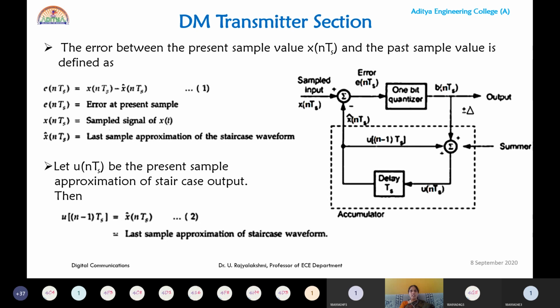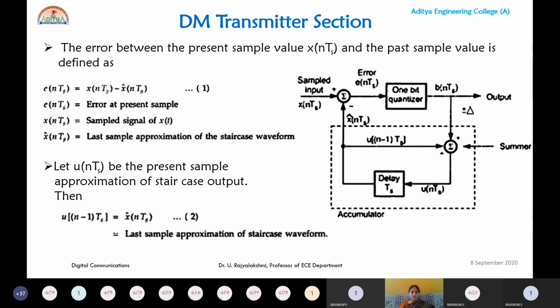Now that b(nTs) is added with the past sample magnitude, and that output is generally called u(nTs). So what is u(nTs)? u(nTs) is the staircase waveform generated by the accumulator. What does this accumulator do?